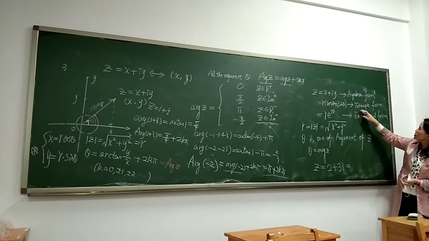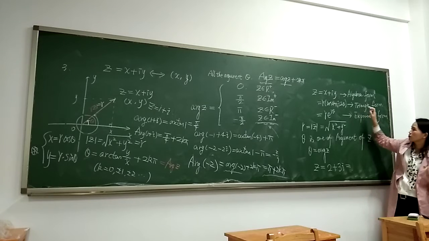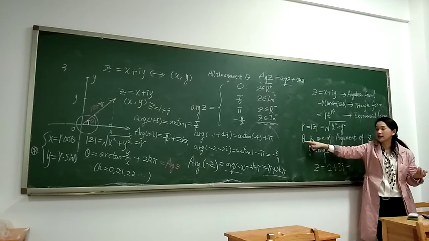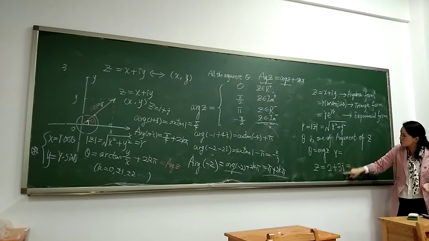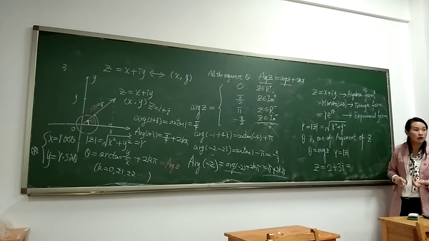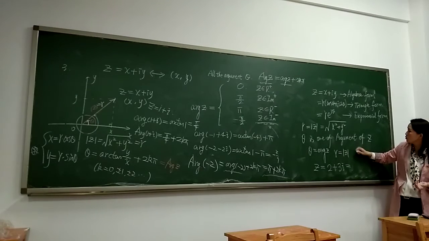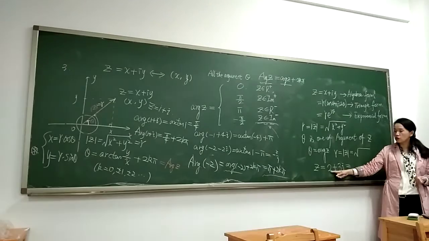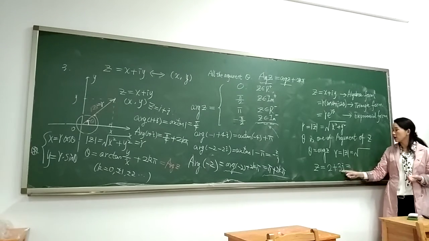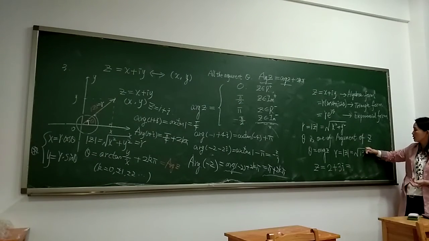If you write in this form, you need to compute r and theta. r is what? It is the modulus of z. So x is 2, y is 3, so r equals square root of 13.